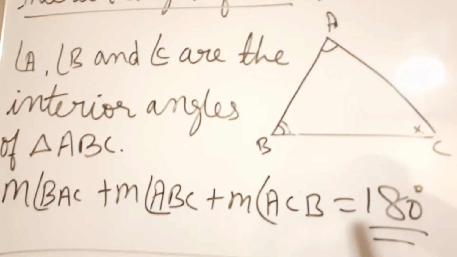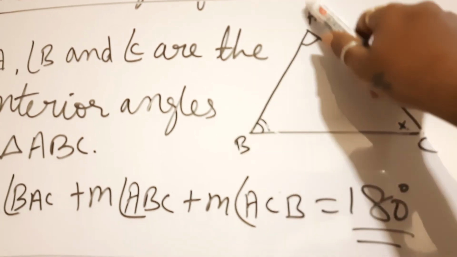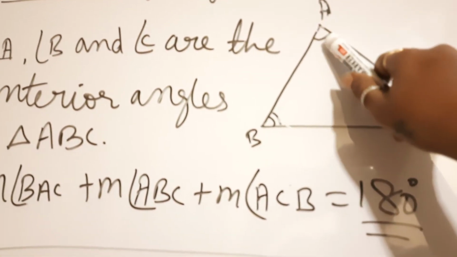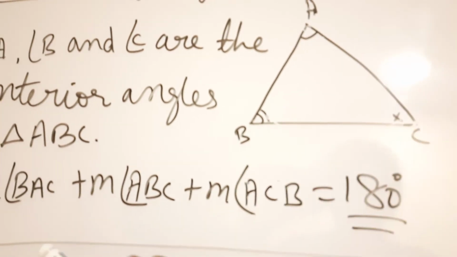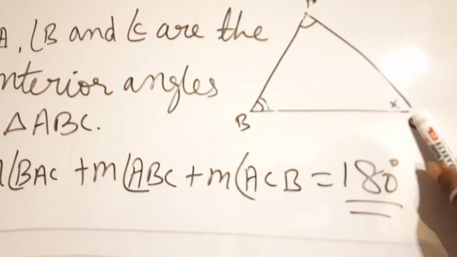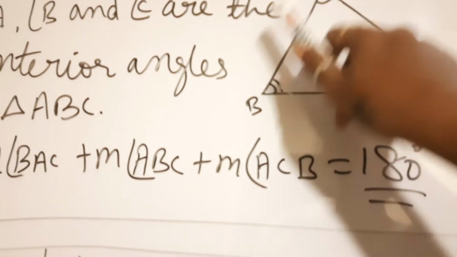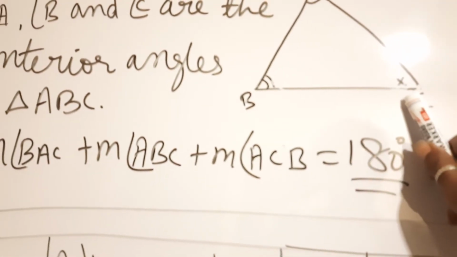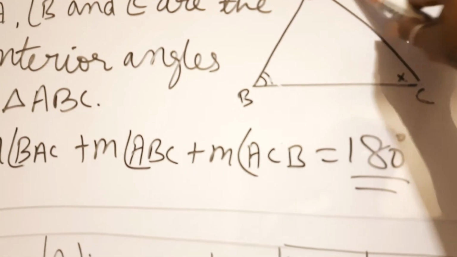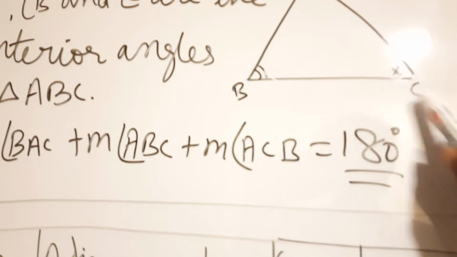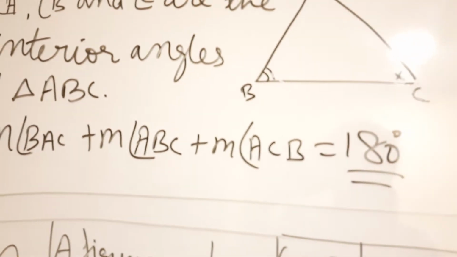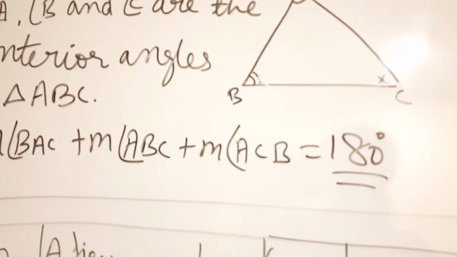Therefore, measure of angle BAC, because I wanted angle A to be first as it's the first angle in my marking, plus measure of angle ABC, that means angle B, plus measure of angle ACB, we can say BCA also, so I have written ACB, is equal to 180 degrees.